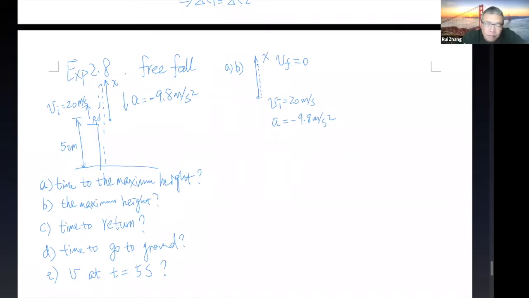Now, what do we want to find out? We want to find out the time and then the maximum height itself. So essentially, we need to find out delta t and delta x. Now, again, remember we got these four formulas. Let me list them here, for constant acceleration motion, or we call them kinematic formulas.